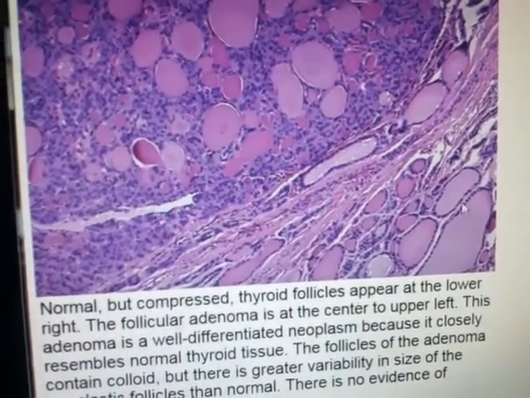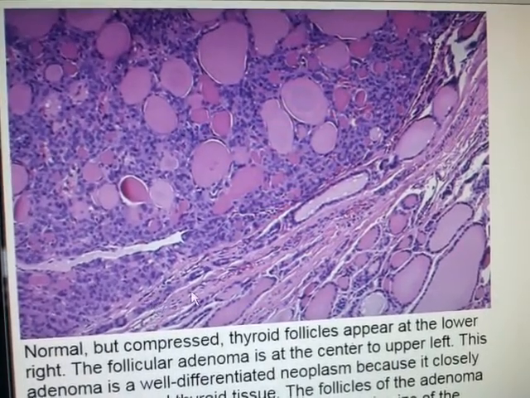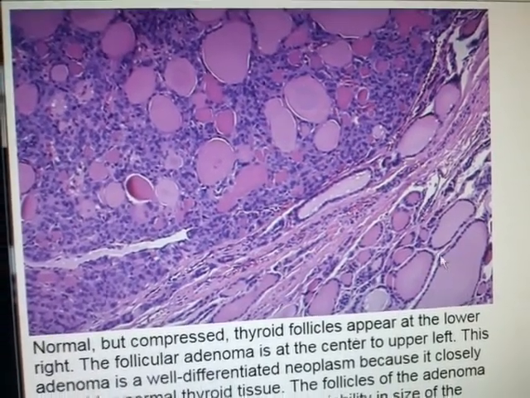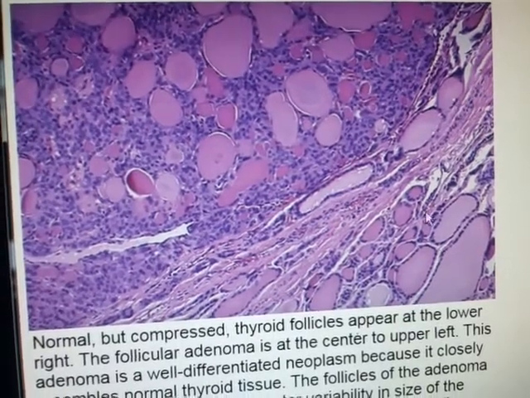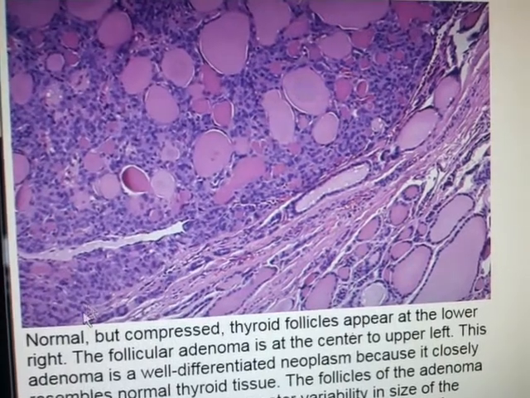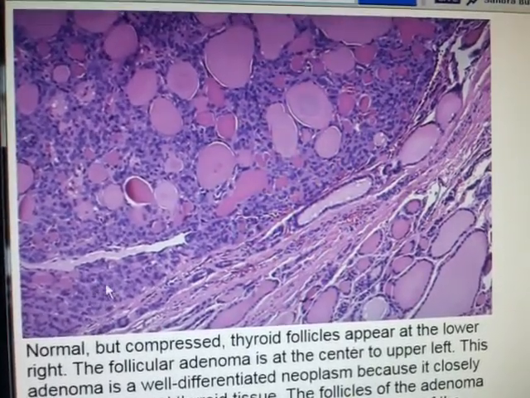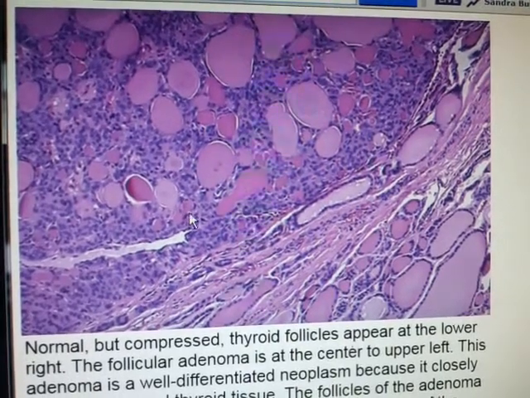Here we can see normal thyroid tissue in this area of the field with these large, variably sized follicles, but on the other side there are multiple follicles with marked variation of size.